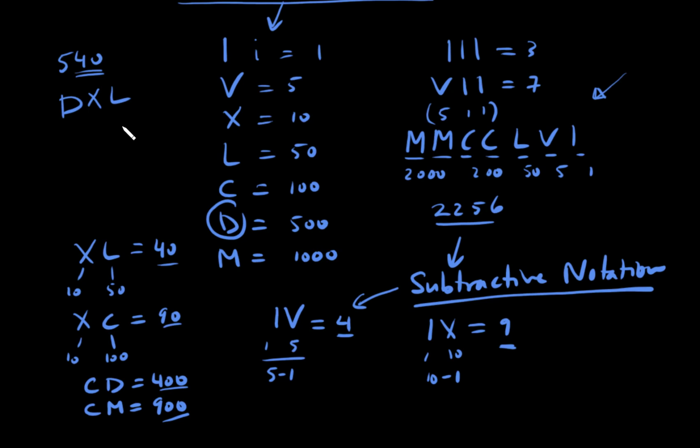And if you wanted to do a complicated one, you could do something like 44. Both of these use subtractive notation, both of these sets of numbers. So you would do XL for your 40, and you do IV for your 4. And you can see now that we've used subtractive notation twice here.